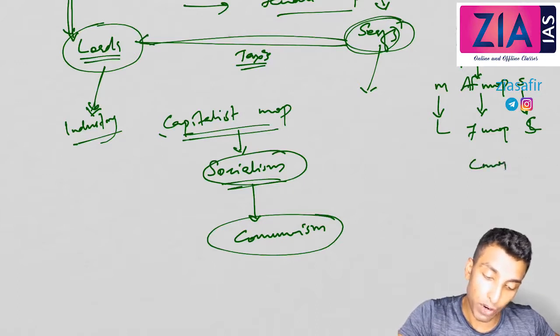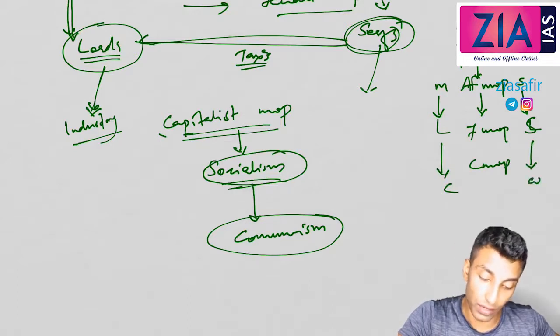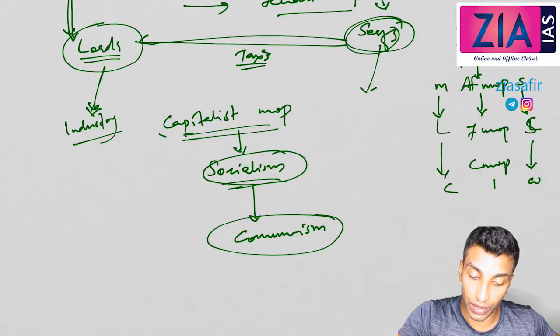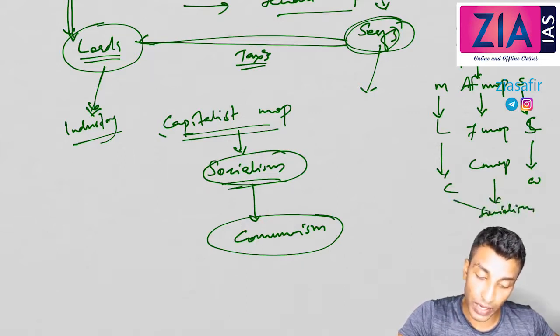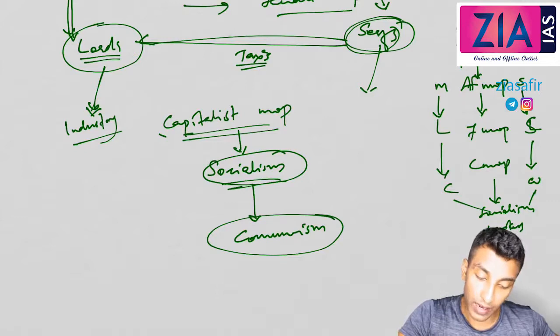And in the capitalist mode of production, the lords become the capitalists and the serfs become the workers, and this will result in socialism. So socialism is actually a transitional phase. Here only workers will be there, only one class, and finally this will end in communism.